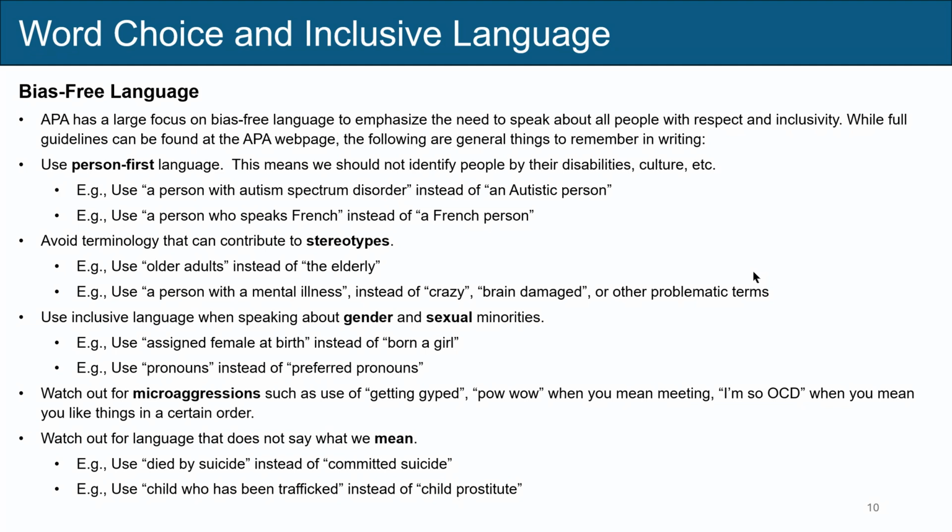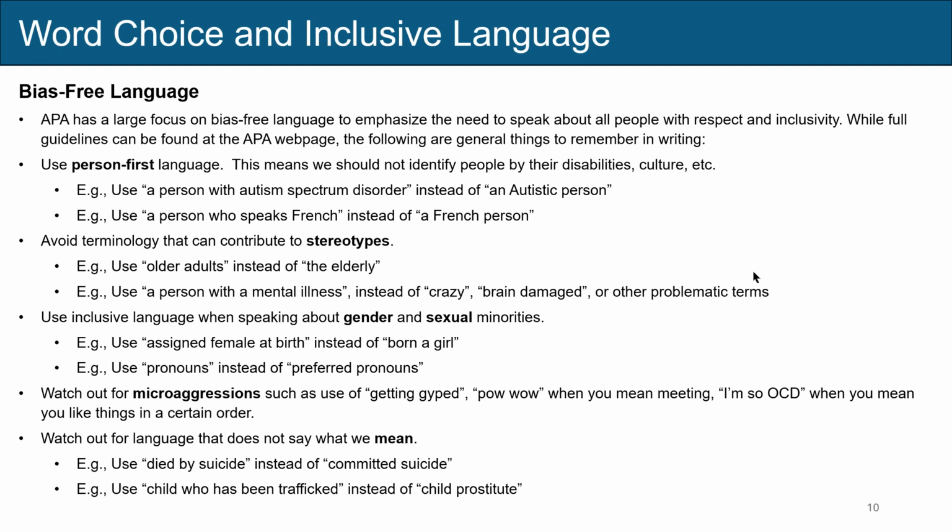You also want to watch out for certain microaggressions, small things that we often do or say that we don't even think about the meanings of, because other people have said it and we just copy them and we don't think about it. But there are some terms in English that are used in a way that's disrespectful, that is inaccurate, and should be considered, why am I using this word?